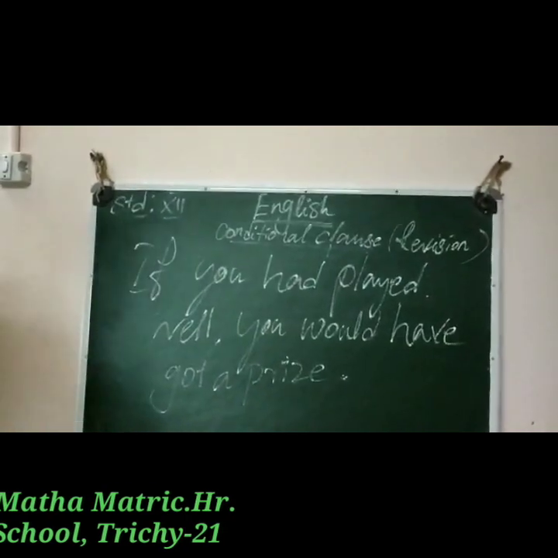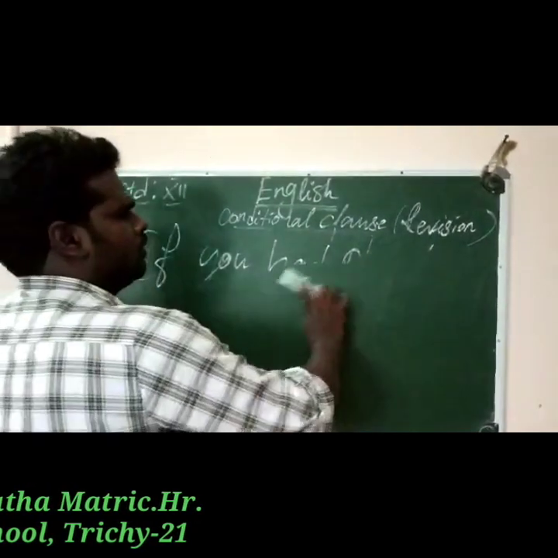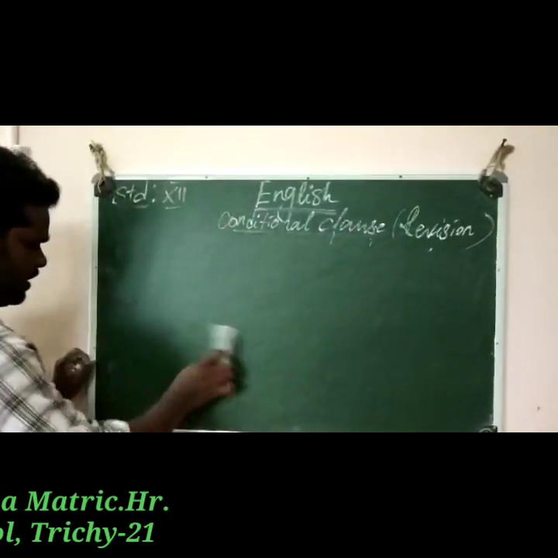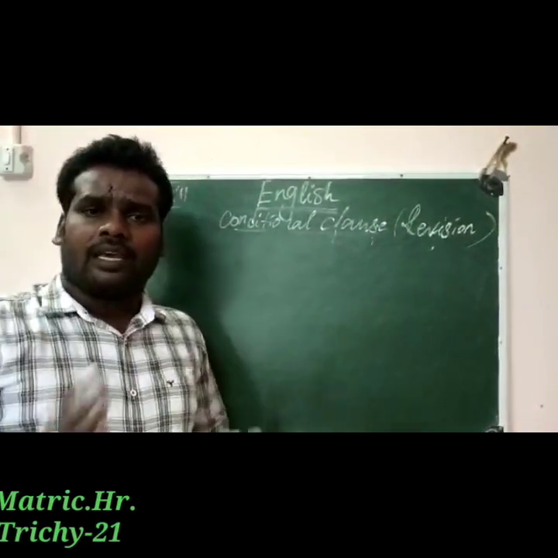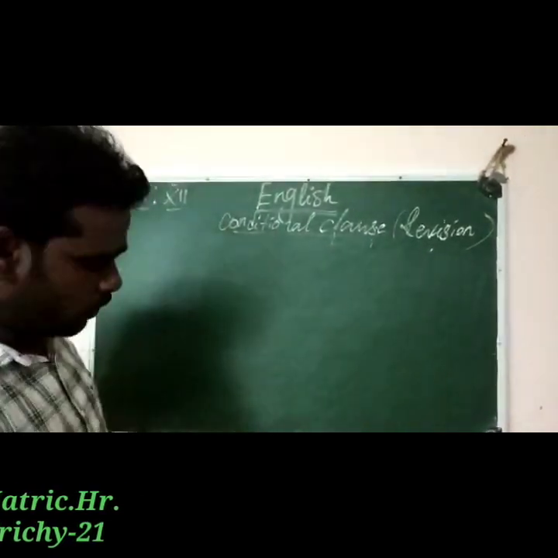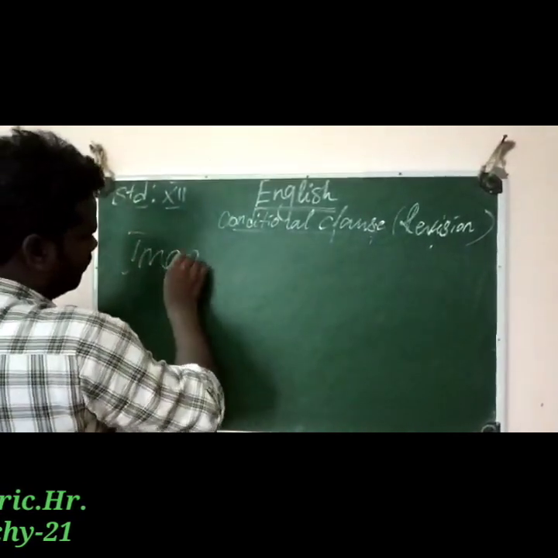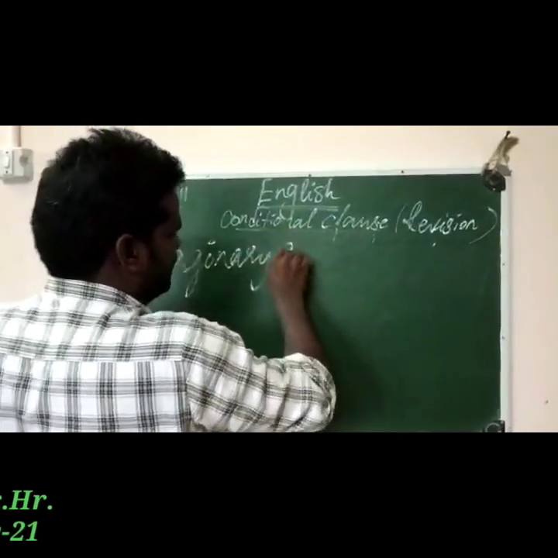Now let me give one, that is imaginary situation. This is the second type level, imaginary situation. Improbable. Do you remember that? Improbable is the second type, imaginary situation. How will you make this?